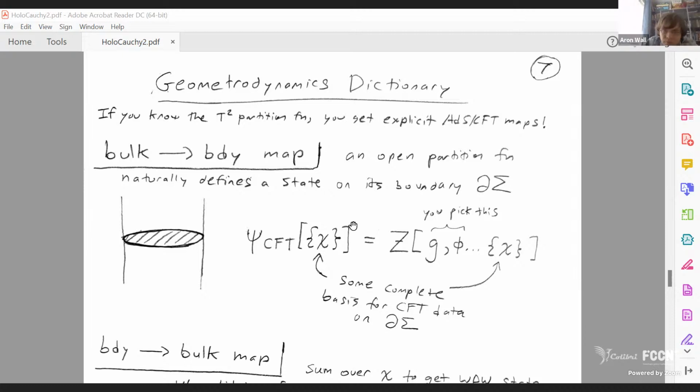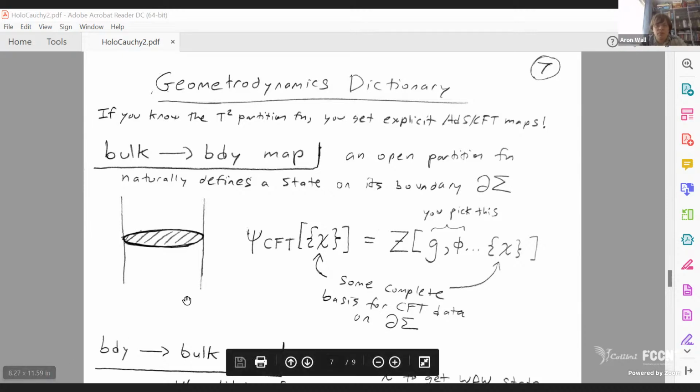So it's basically maps between bulk states and boundary states, where the bulk states are defined on Cauchy slices, and if you know the T-squared partition function explicitly, you basically know these maps explicitly as well.